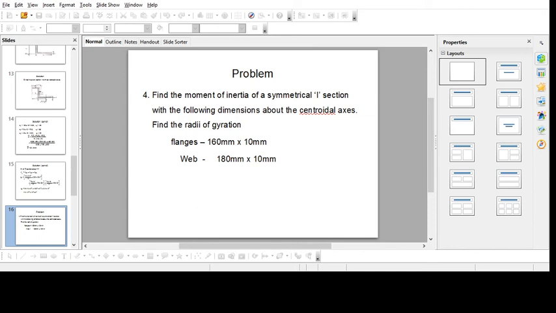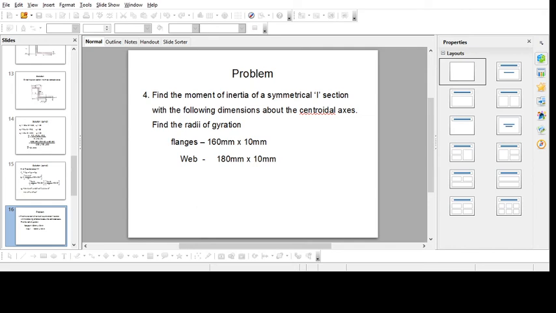Next, at the top you can see section 3, which is the top flange. The top flange length is 160 and its width is 10, so the area is 160 into 10, nothing but 1600 mm square. Now the horizontal length is 160, and it is lying on the y axis, so from the y axis there is no distance.